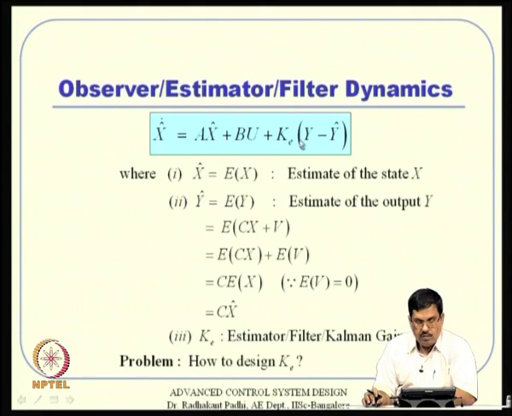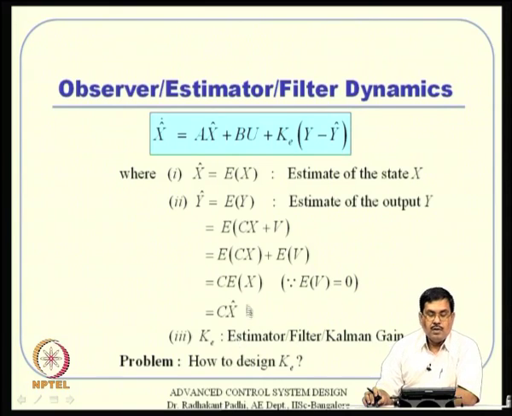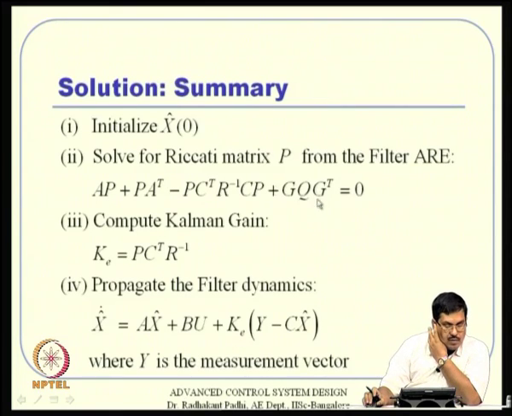So, the question here is, we know the filter dynamics; now how do you design this Ke? That part I will not go into here, but the summary turns out to be that you design Ke exactly like what you have done before, but this P, the Riccati matrix, will be a solution of that equation.